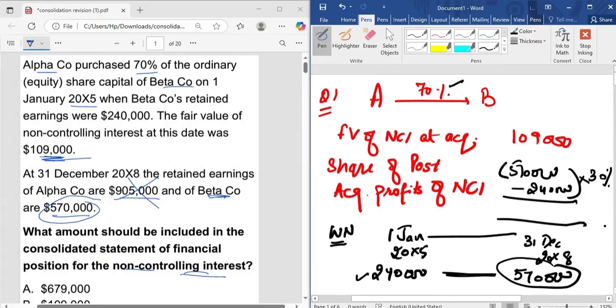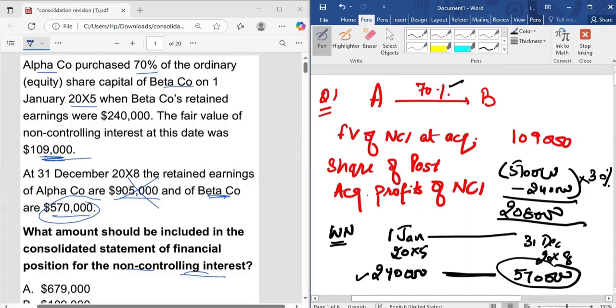So let's calculate it. When you calculate it, you'll get a figure of 2,08,000. Okay, I'll tell you for the share of profit also, you will subtract 2,40,000 from 5,70,000, and then you'll take its 30%, which will come out to be 99,000.